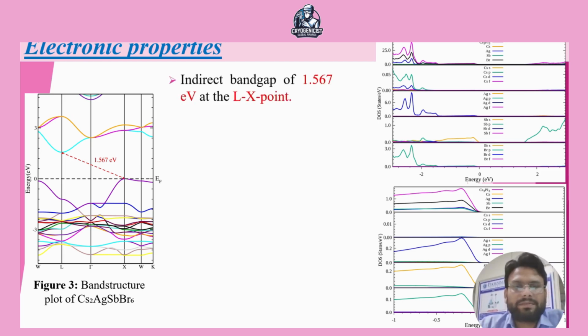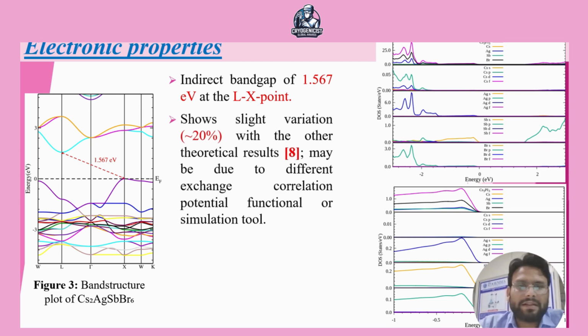So the indirect band gap of 1.567 shows slight variation with the other theoretical results, maybe due to different exchange correlation potential functional or simulation tool. The previous calculations have been computed using other simulation tools like Quantum Espresso and VASP, and in those tools they use pseudo potentials.